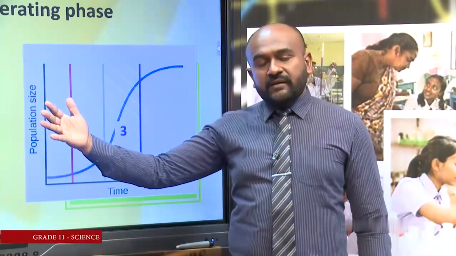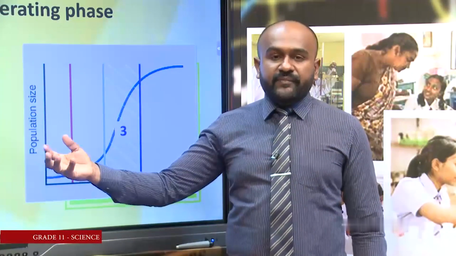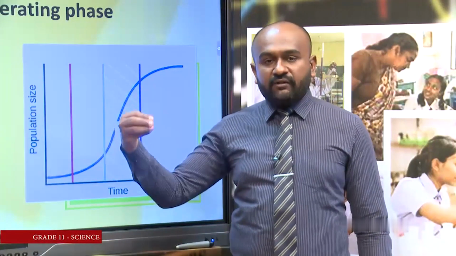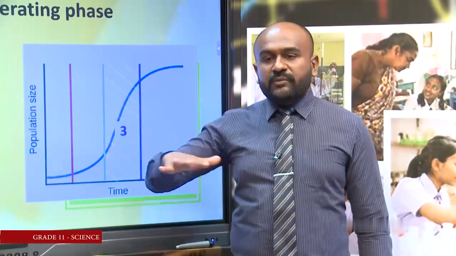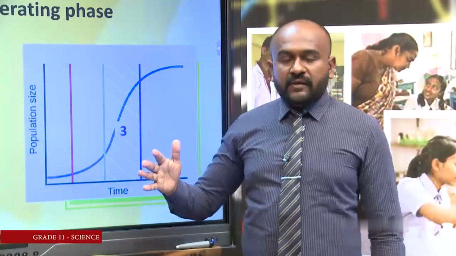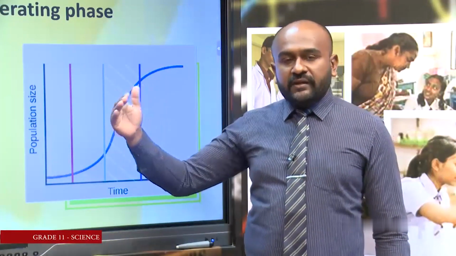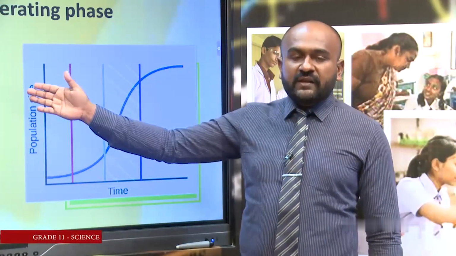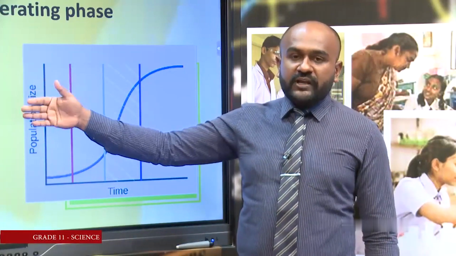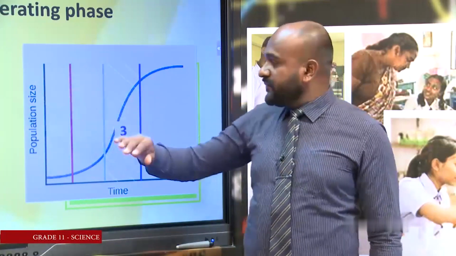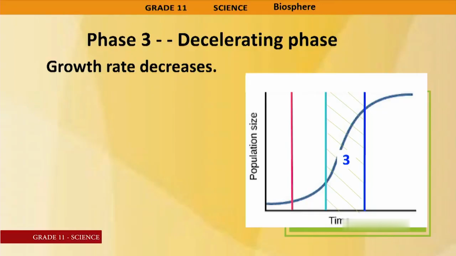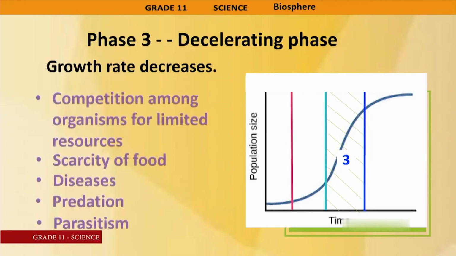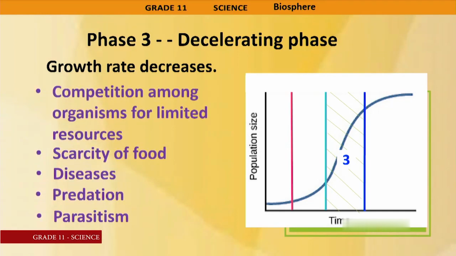As the number is high, competition is high. There is lack of space, lack of food, lack of water. Because of all these things, the growth rate decreases. That is why we see a decrease in the growth rate in the decelerating phase, as you see on the graph. Let us see the reasons again. Competition among organisms for limited resources.